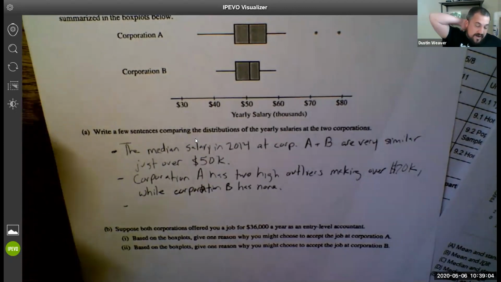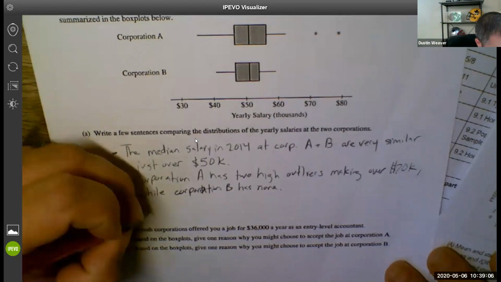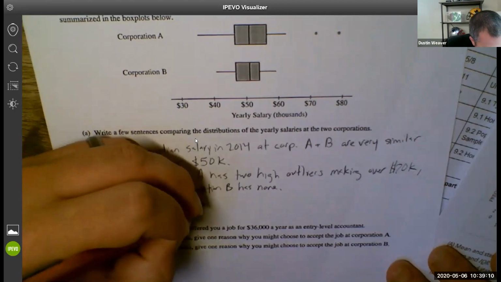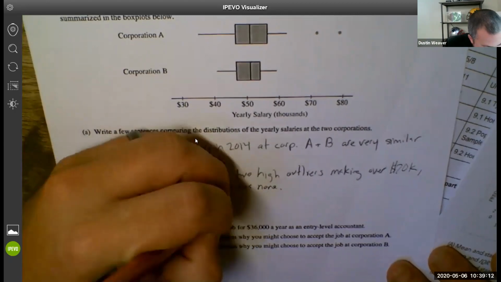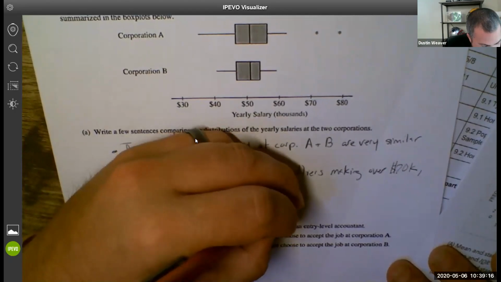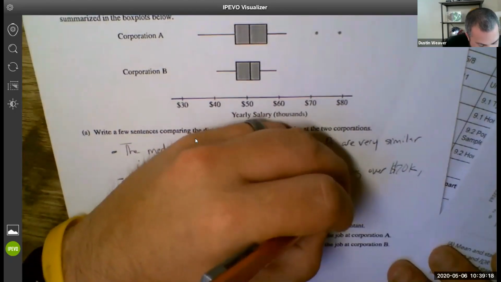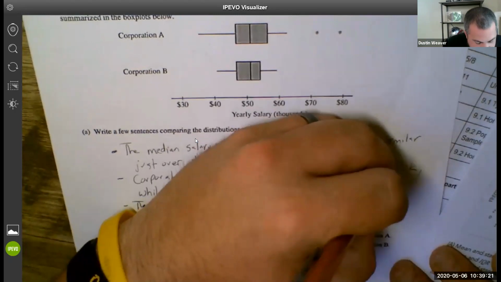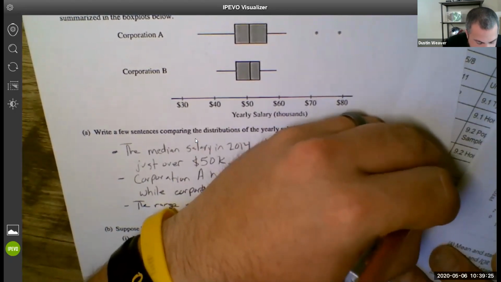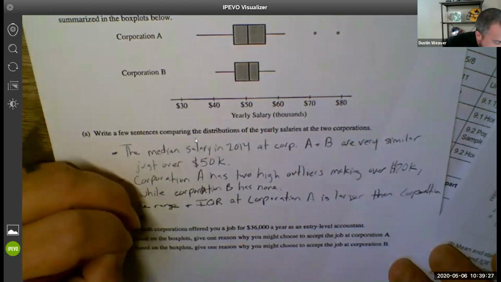So I would say the range and IQR at Corporation A is larger than Corporation B. And then I might show what that is.